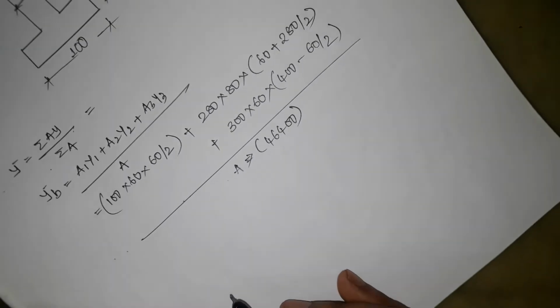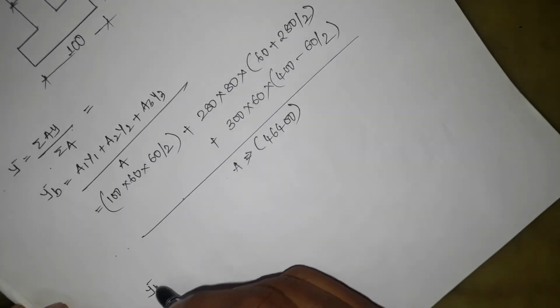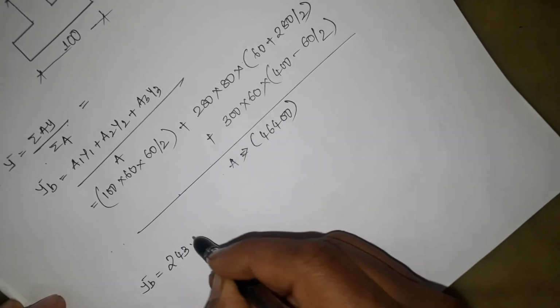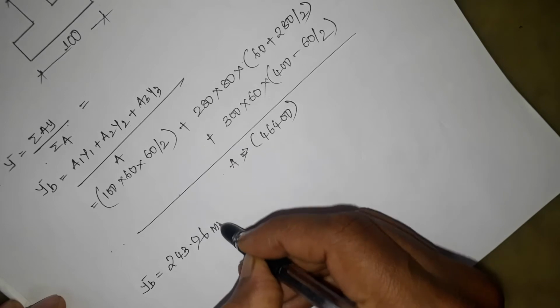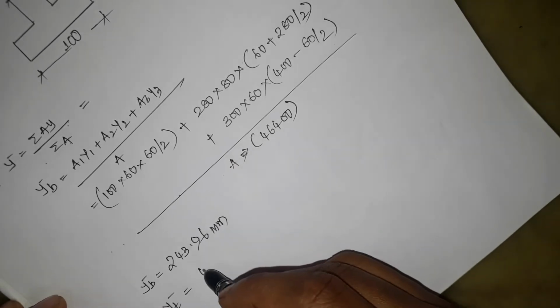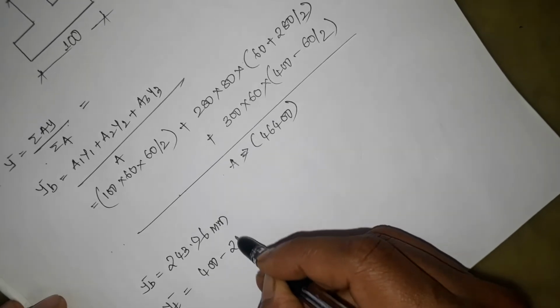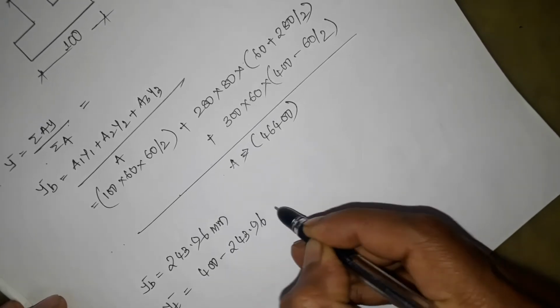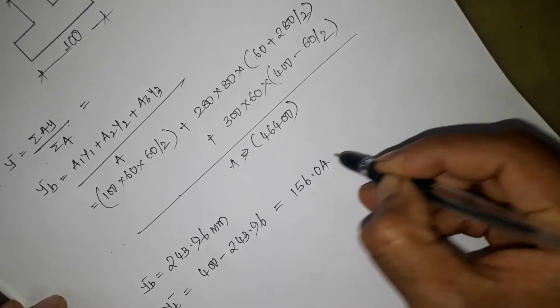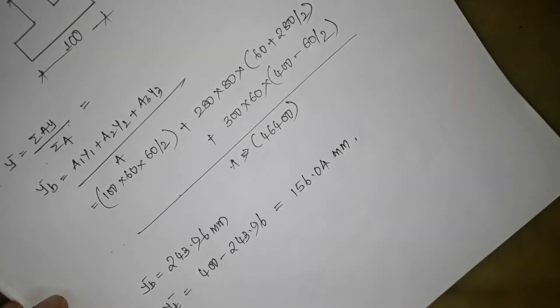So based on that we will get y bar b as 243.96 mm. I can find out y bar t also, that is 400 minus 243.96, so we can easily find it, that is 156.04 mm.